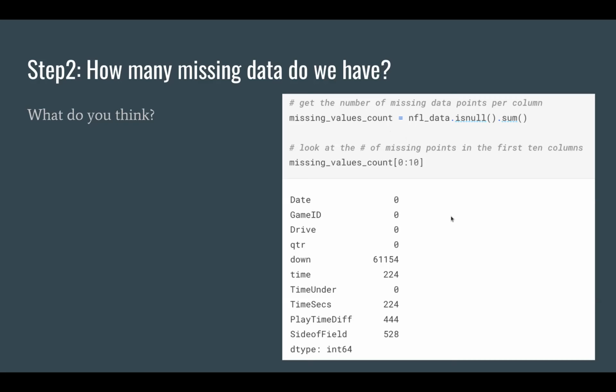There's quite a lot of missing data. You can see that almost a quarter of the cells in this data set are empty. So in the next step, we want to take a closer look at some of the columns with missing values and try to figure out what might be going on with them.